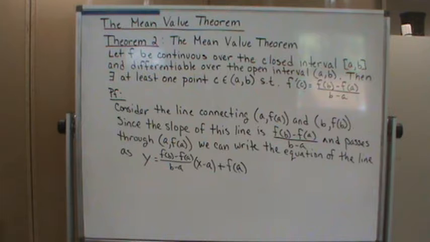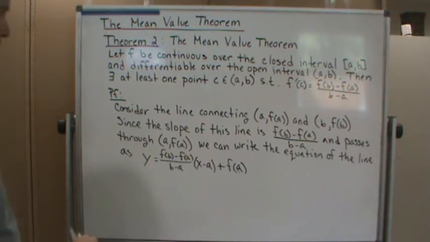So now what we're going to do is create another function that represents the vertical difference between the point x, f of x, and the point x, y on the line.